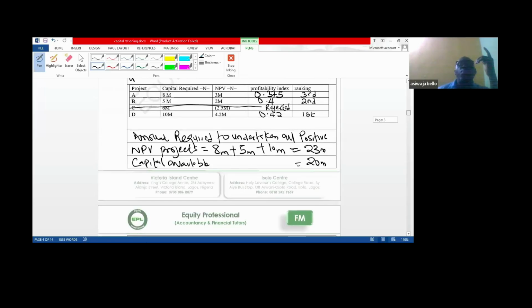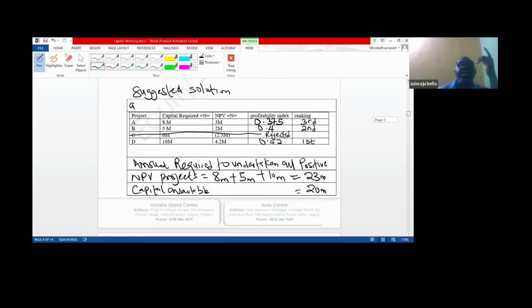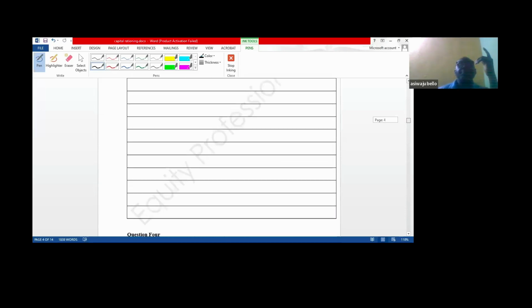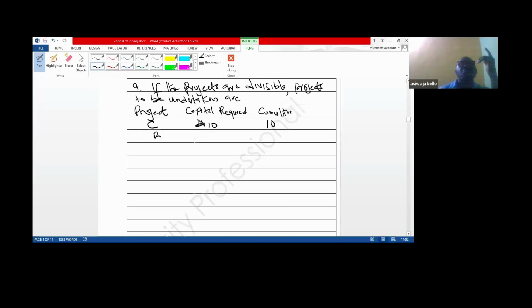When you are done with project D, we now go to project B, second ranking. Capital required here is $5 million. Cumulative, we have spent $15 million. The NPV of project D, 4.2.